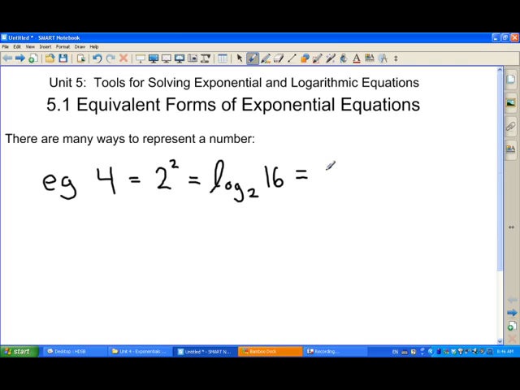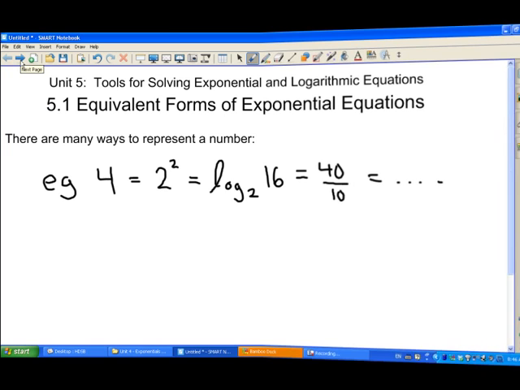Or it can be written many different ways. 40 divided by 10, etc., etc., etc. So there's many different ways to represent a number in math using some of the different operators that we've learned so far. Today we'll be looking at this in more detail.